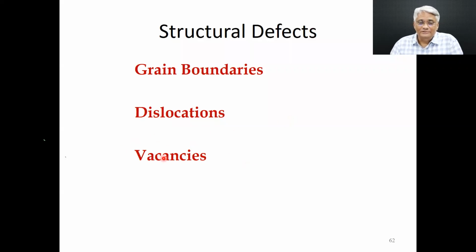Then vacancies, for example, point defects, are inevitable, and you also have defects in the form of dopants. You replace one lattice atom by a small percentage of a foreign element, without which physical properties will not change. For example, pure silicon is not a good conductor.